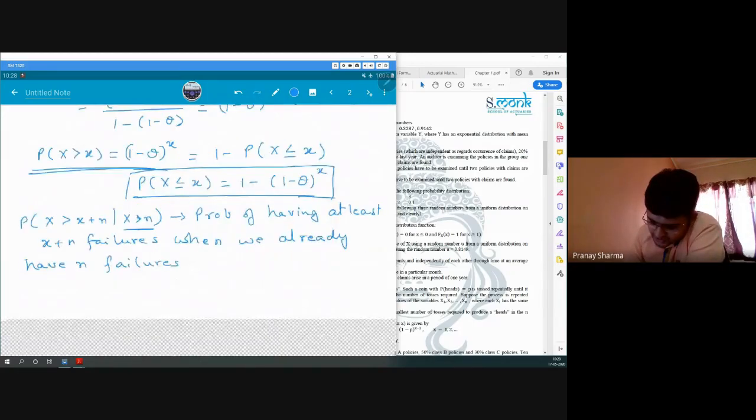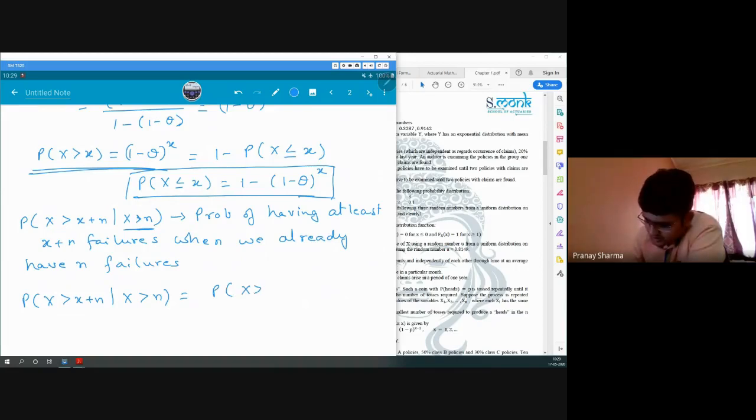So here probability of X greater than x plus n given X greater than n will be equal to, now we know the conditional probability formula, probability of X greater than x plus n intersection X greater than n upon probability of X greater than n.